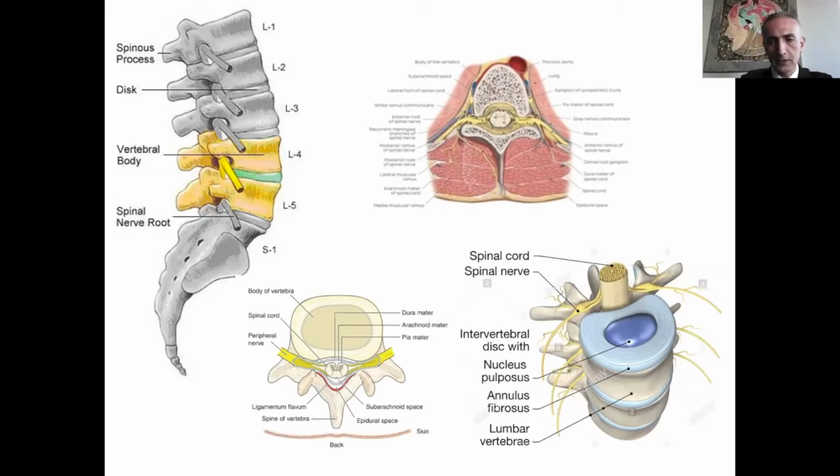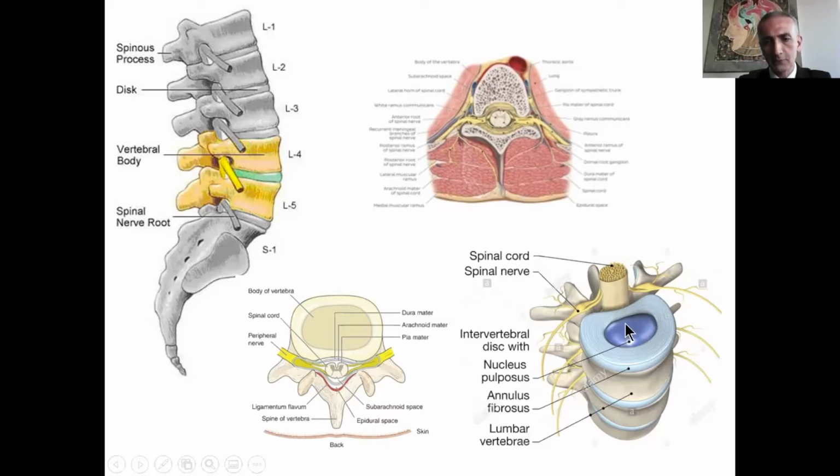The image here is a cut through the intervertebral disc, and you will see the disc has a tough outer ring, which is called the annulus fibrosus, and a jelly core in the middle, which is called the nucleus.